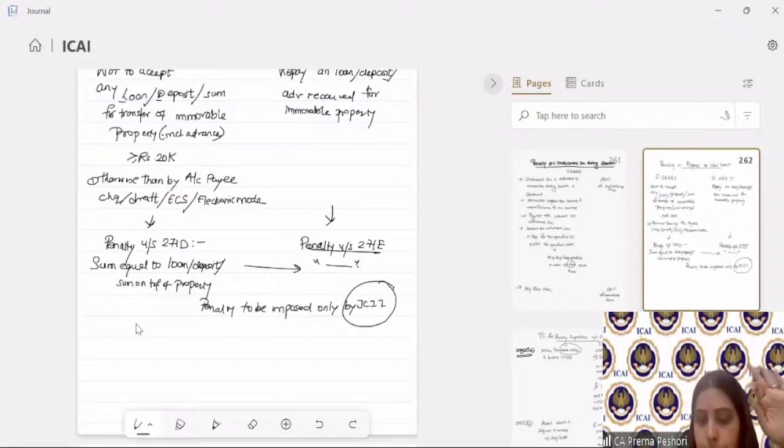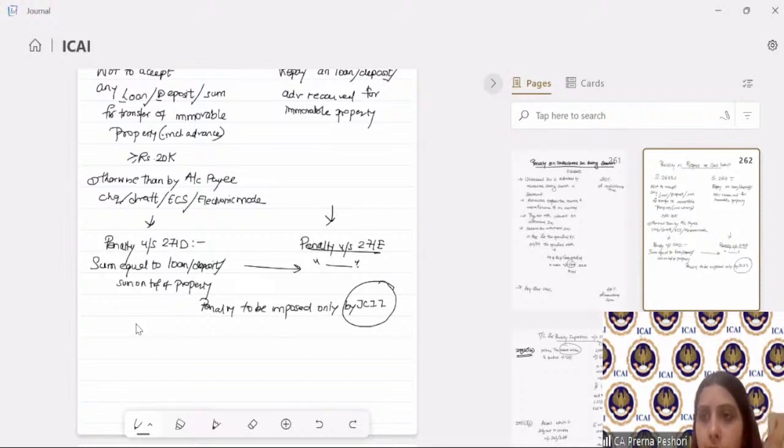Third aspect. The AO is saying this is the undisclosed income. The AO himself is saying this is the undisclosed income. And on the other hand, once he has said that this is an undisclosed income, it is not a loan. Either it can be a loan or it can be an income. It cannot be both.